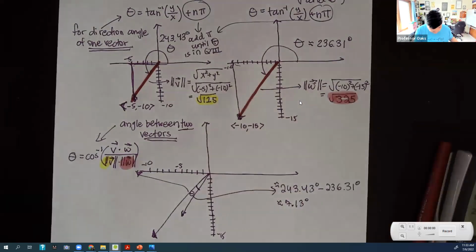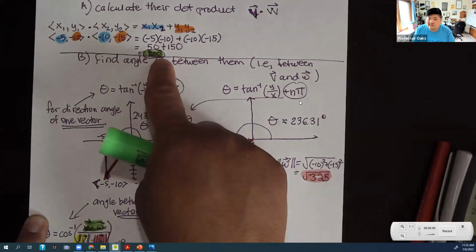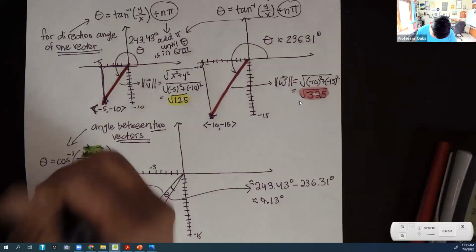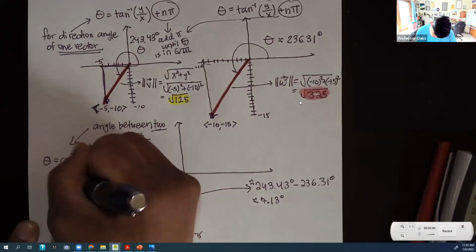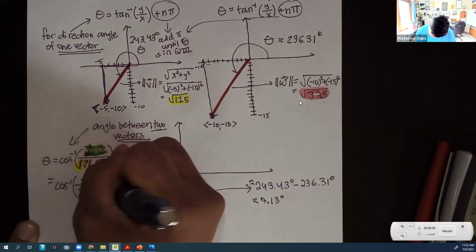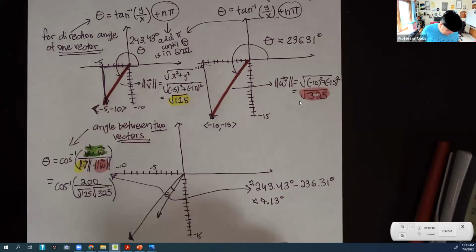And this right up here was the answer from part A, which was 200. So if you put them together, that will end up being cosine inverse of 200 over the square root of 125 times the square root of 325.